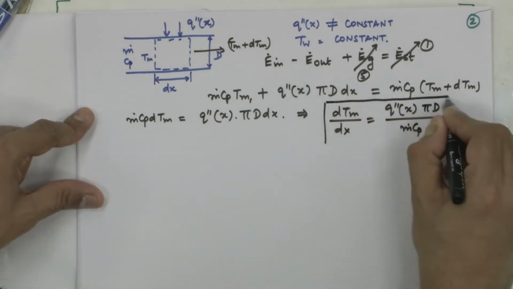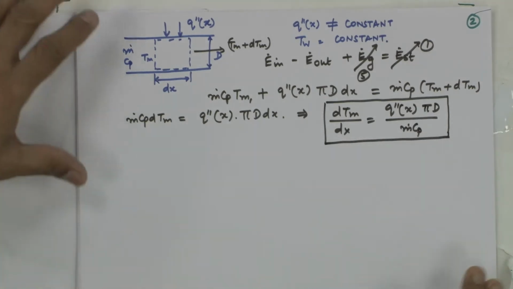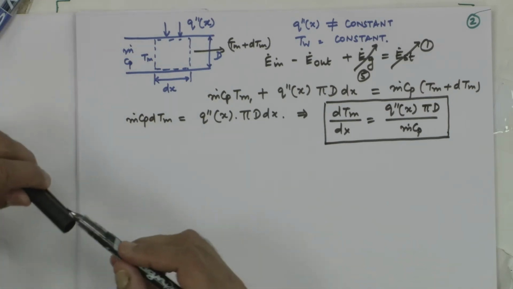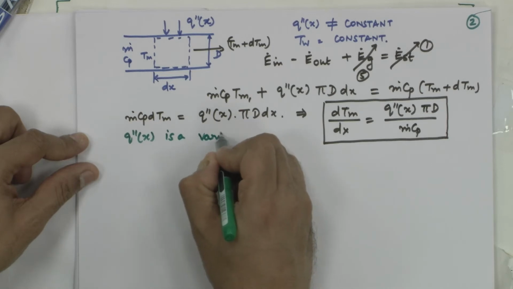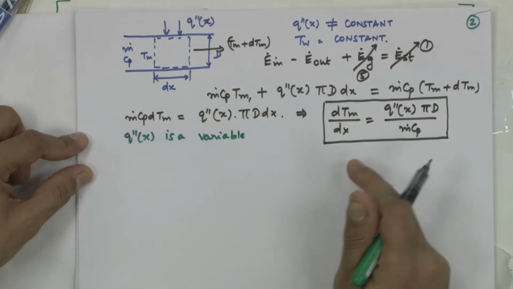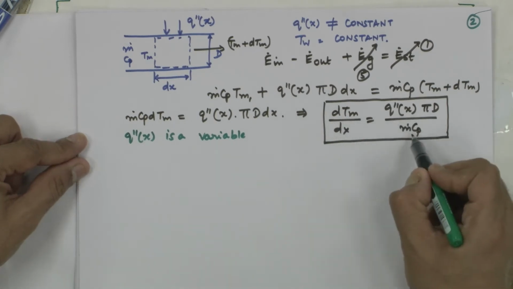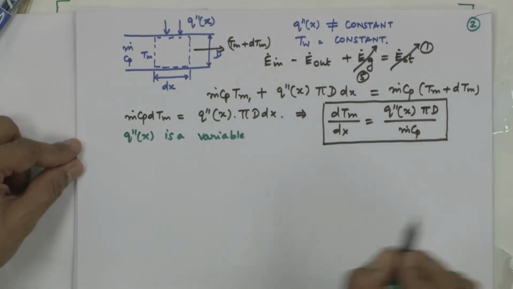This is exactly what we had derived earlier for the heat flux equal to constant case, because nowhere in doing the energy balance have we invoked the constant wall temperature assumption. We just started with the basic energy balance. So, the equation lends itself to an identical form, except that q double prime of x is a variable now. In the earlier case, q double prime would be a constant, and with pi d and m dot Cp also constant, we would get a linear temperature profile, and that was quite straightforward.